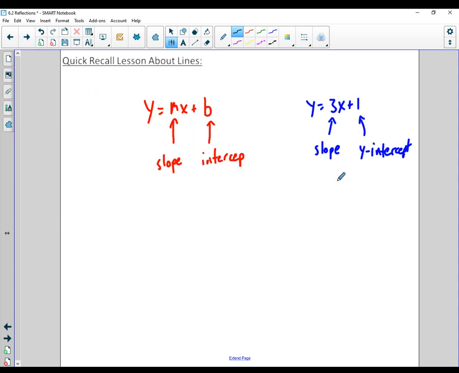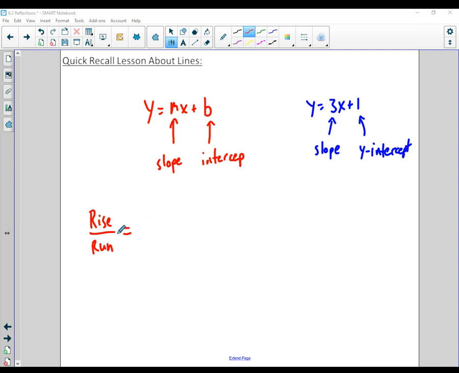And then to graph lines that were in slope-intercept form, one very common thing we did is we used this mnemonic that should also sound familiar, rise over run. And what rise over run is saying, how do I figure out the slope? If this line is given to you, the slope is just whatever number is attached to the x here.